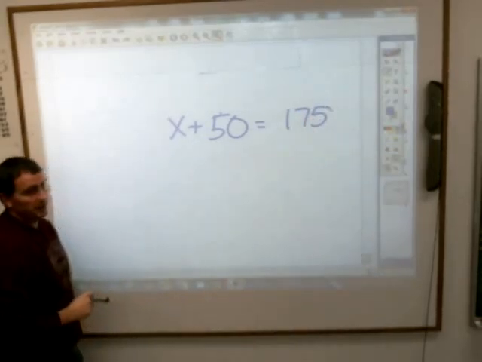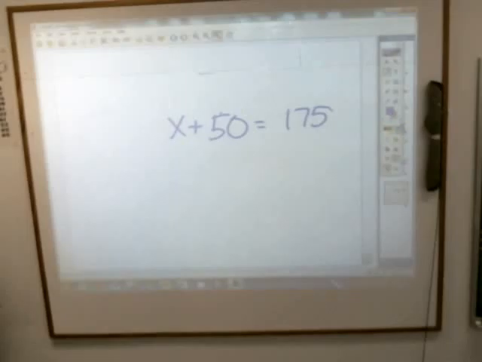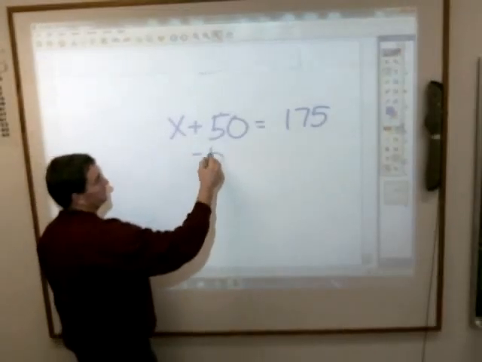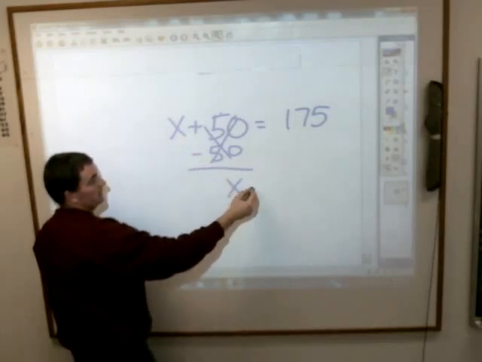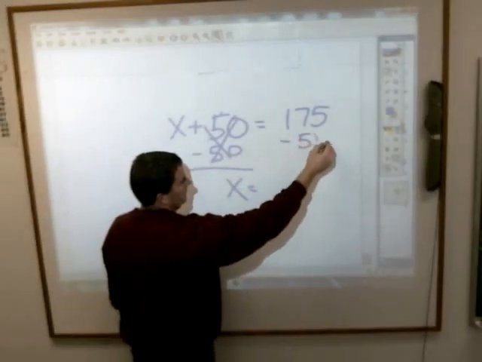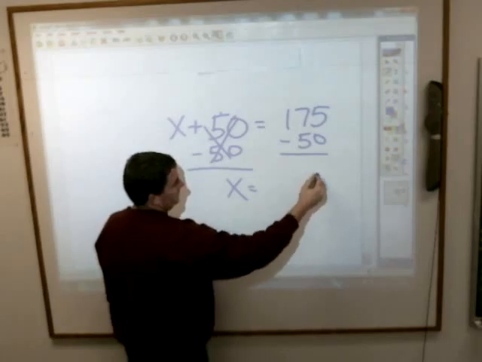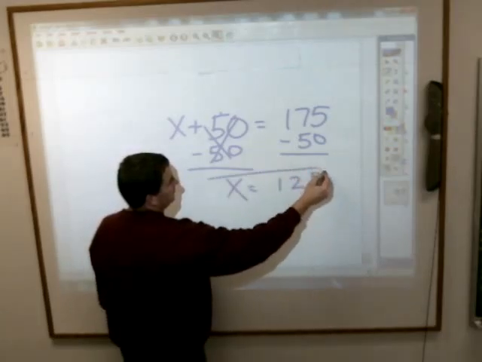So to get the letter x by itself, what do I have to do? Subtract these 50s, that gives you nothing, you just cross that off, you're left with just this x, and then whatever you do to one side, you have to do to the other. 175 minus 50 is 125.